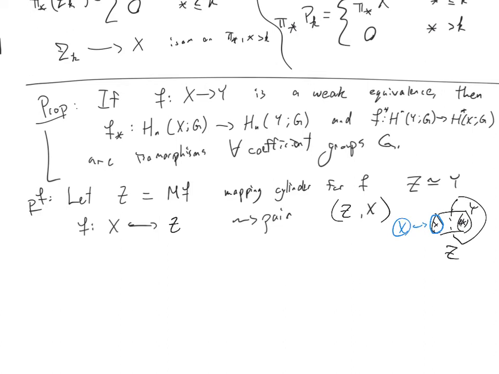So the long exact sequences in homotopy groups imply that pi star of Z relative X is trivial.